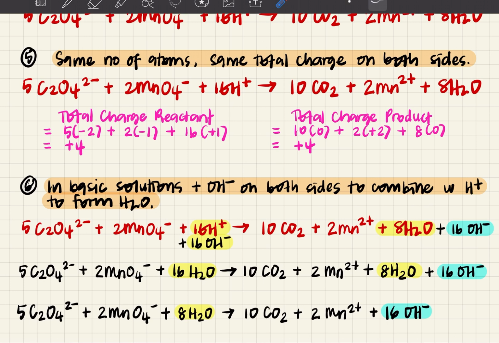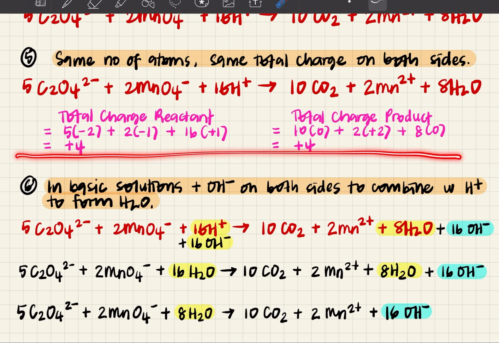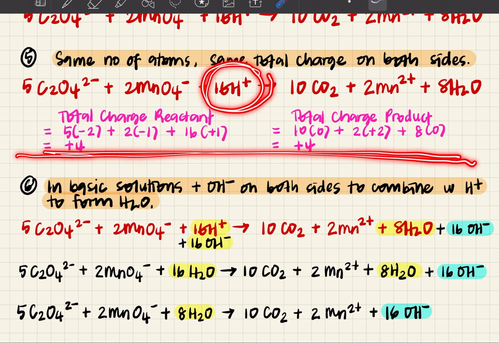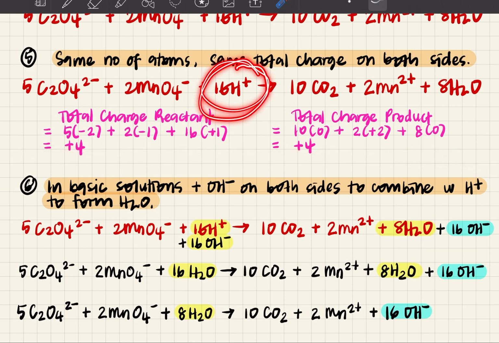Okay, so let's say tadi yang kita stop kat sini, ini adalah kalau awak punya balanced equation in acidic solution. You can see that you have 16 H plus ions. Tak ada pun OH minus, tak ada hydroxide ion. You have 16 protons here. So maksudnya ini adalah dalam acidic solution lah.